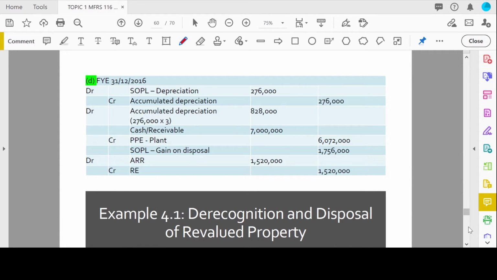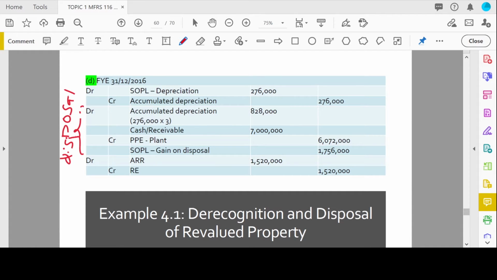276,000. Next journal entry is for disposal. Okay, so how to record disposal?